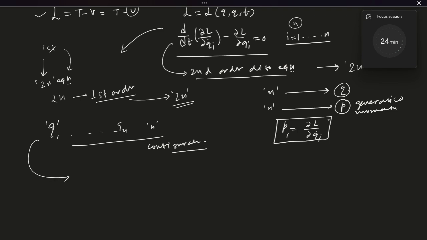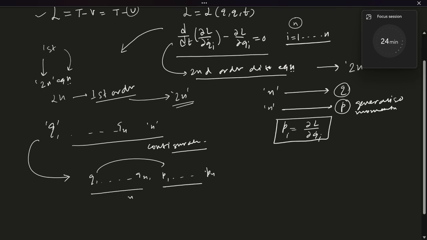And we are going to another coordinate system. There is q1 to qn, and for each q there is a conjugate momentum also, p1 to pn. That means we have n q coordinates and n p coordinates, so we have 2n total coordinates, and this space is known as the phase space.